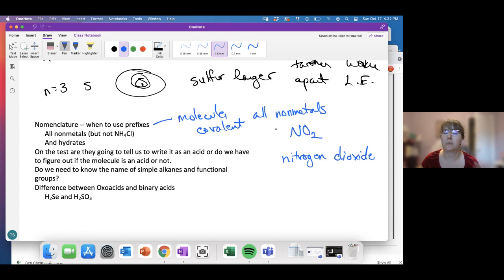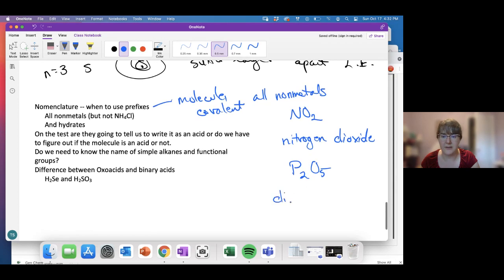We would use prefixes if we were trying to talk about something like P2O5. So that one is diphosphorus pentoxide. So anytime you see a whole bunch of nonmetals, you're looking at something that needs prefixes.